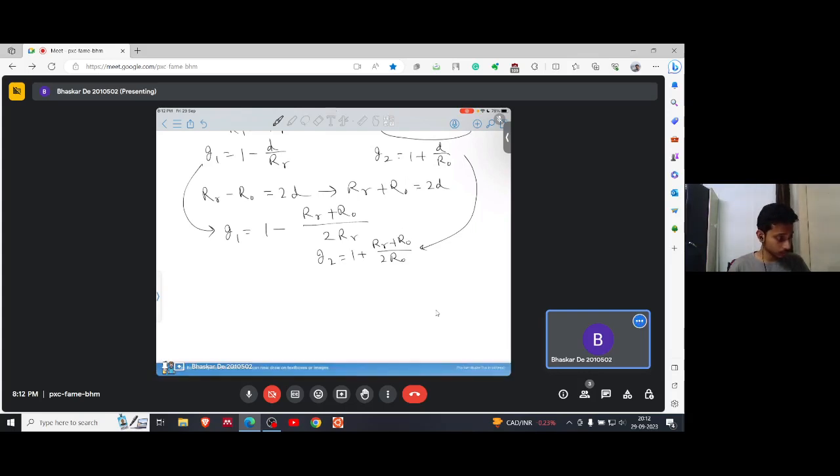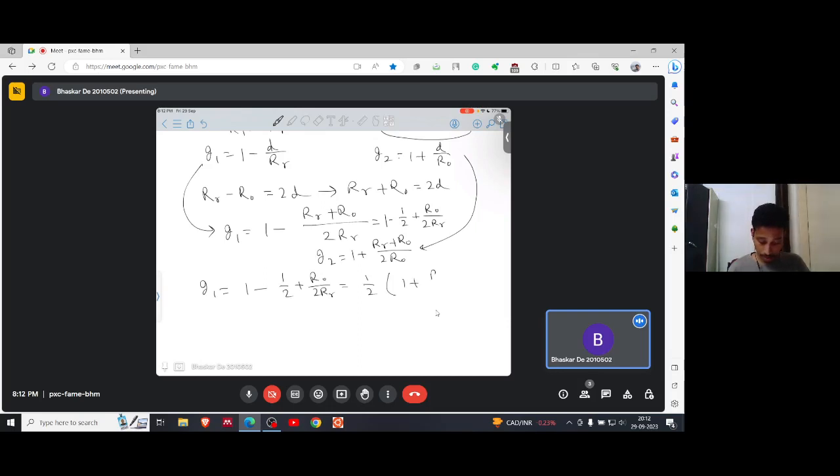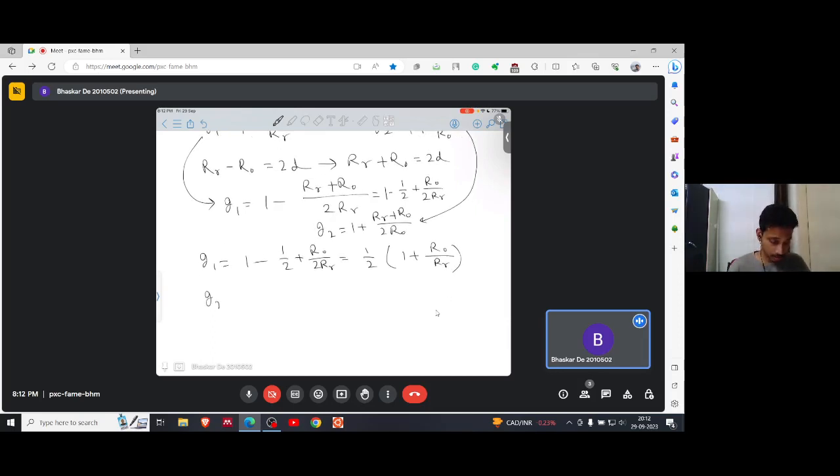Again, you can write g1 as 1 minus half of (1 plus r0 by rr), and then similarly we can obtain g2 equal to 1 plus (rr plus r0) by 2r0, which is half of (3 plus rr by r0).